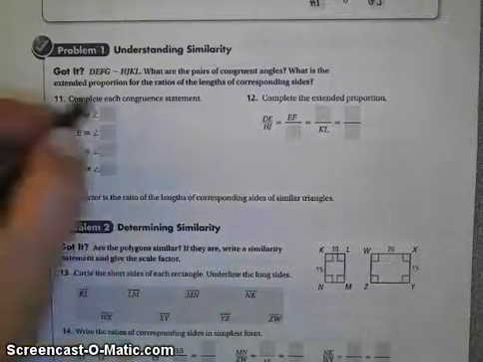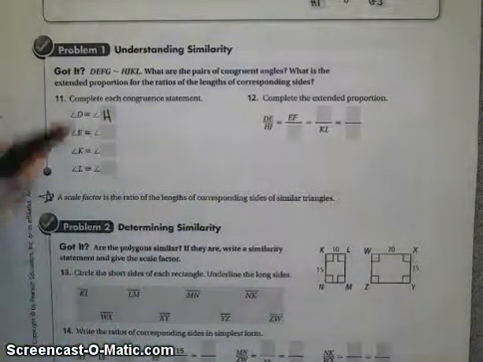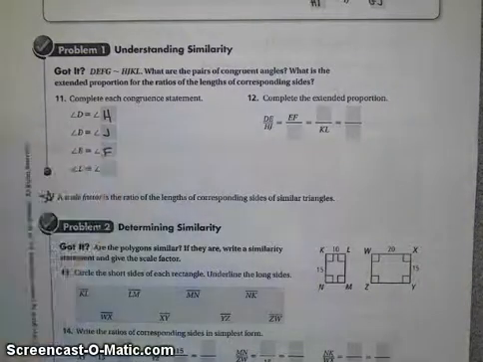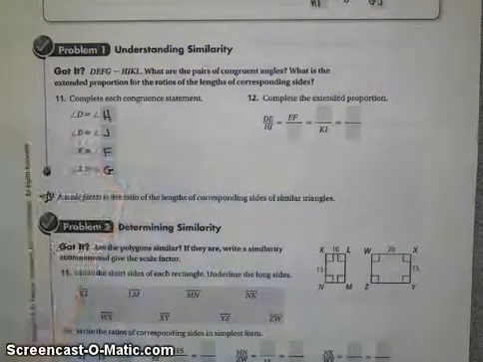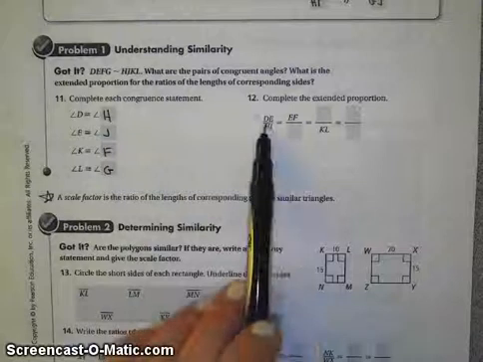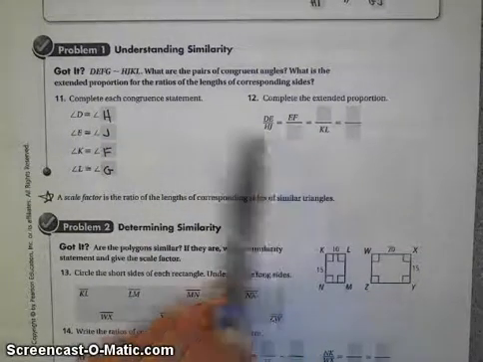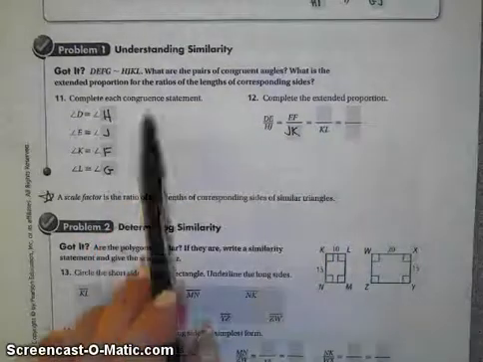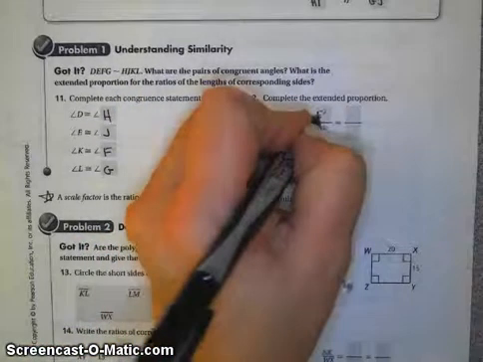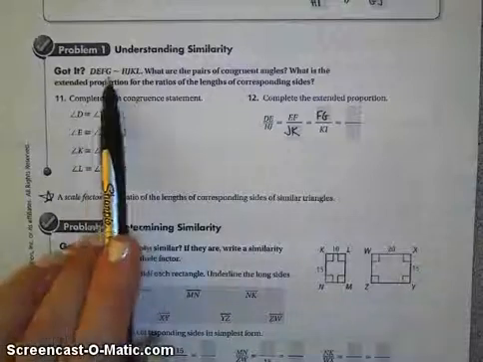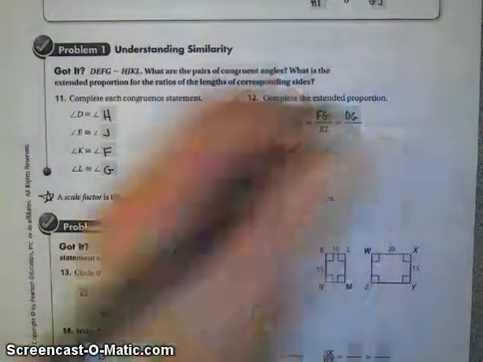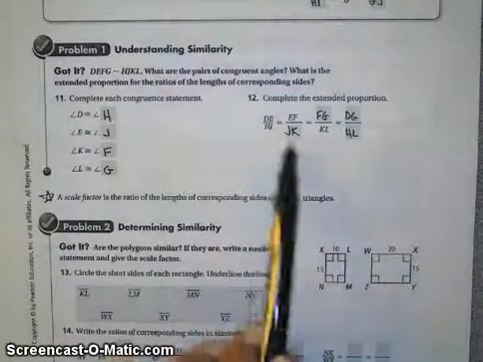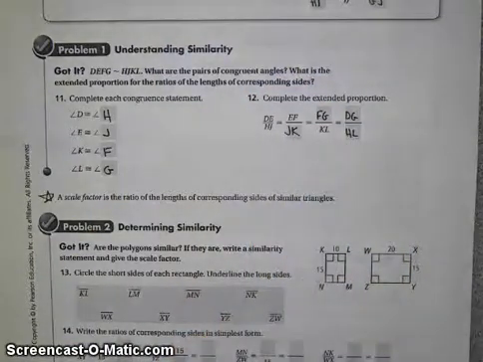D would correspond with angle H, E with J, K with F, and L with G. And again, in the extended proportion: DE, HJ; EF, JK; KL, FG; and the last would be DG and HL. If you had actual side lengths, we would check and make sure all of those ratios were equal.